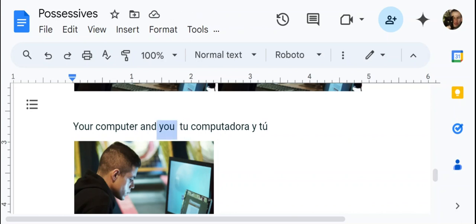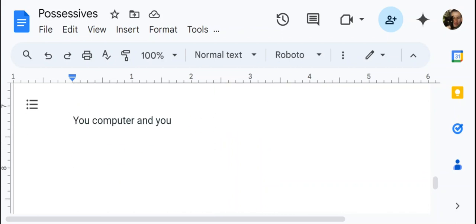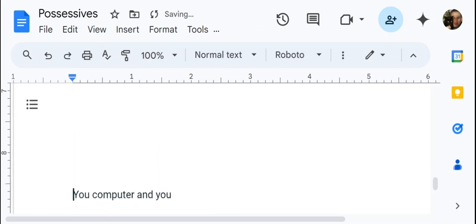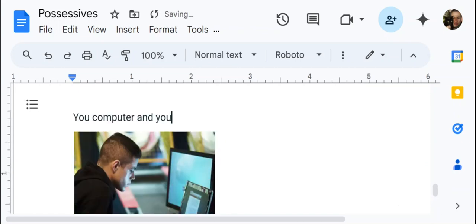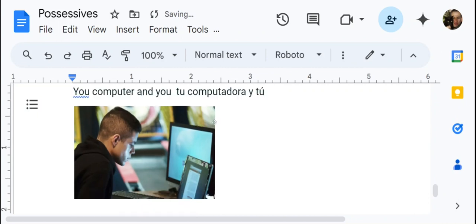The you has to have an accent mark. So the accent mark changes the meaning of the word. With the accent mark, it means you. Without the accent mark, it means your. So you have to make sure you remember that, because you need to keep in mind that the accent mark changes the meaning.